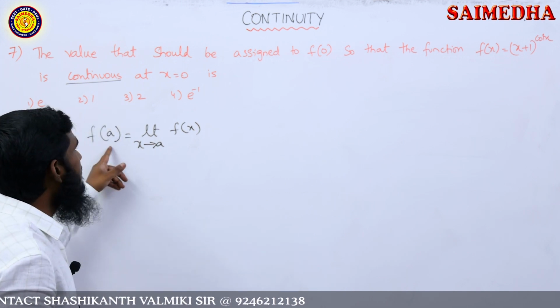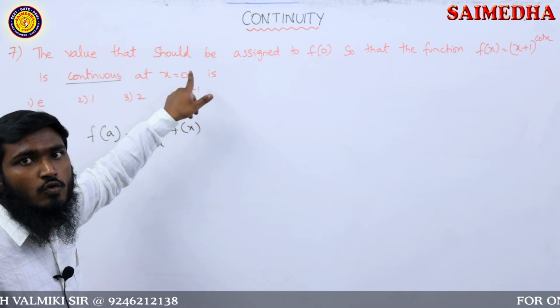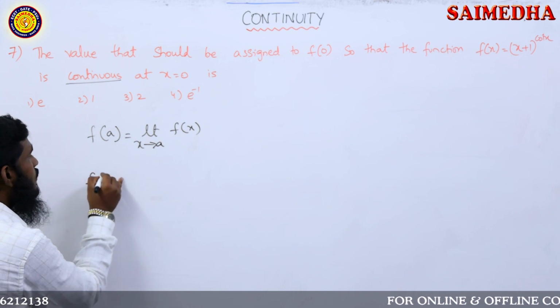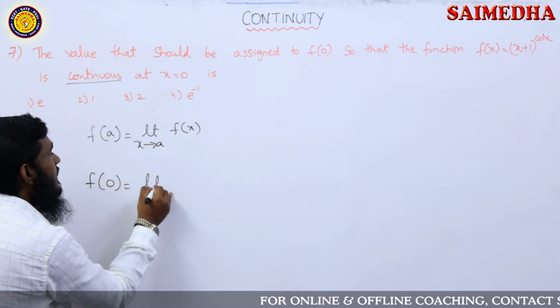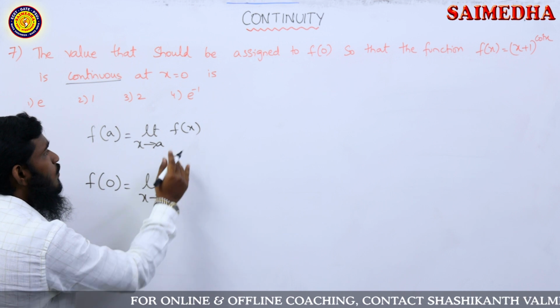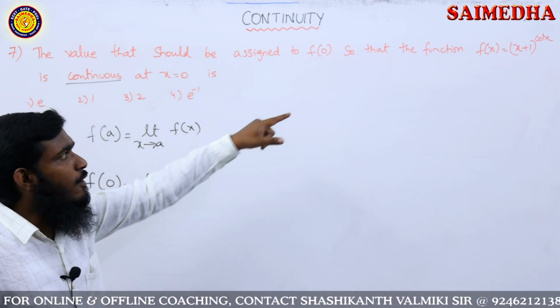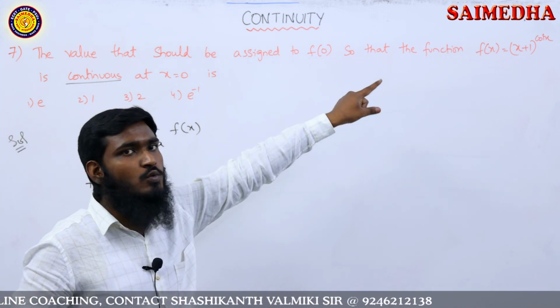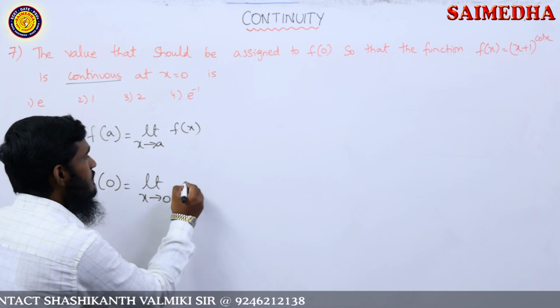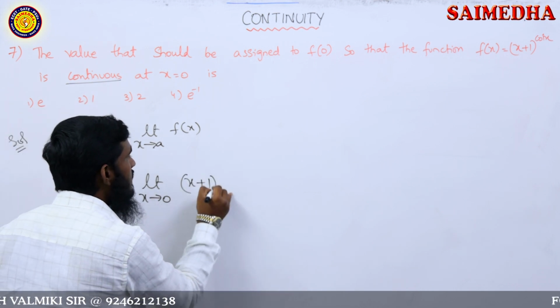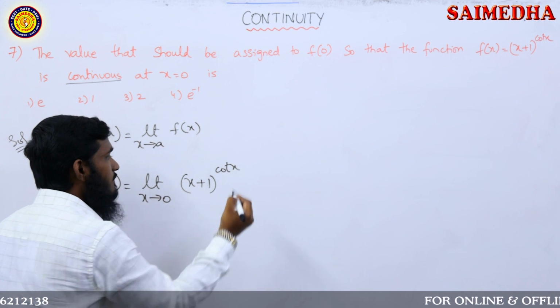Now what is the value of a? The value of a is 0. So f of 0 equals limit x tends to 0 of f of x. What is f of x given here? f of x equals (x plus 1) whole power cot x.